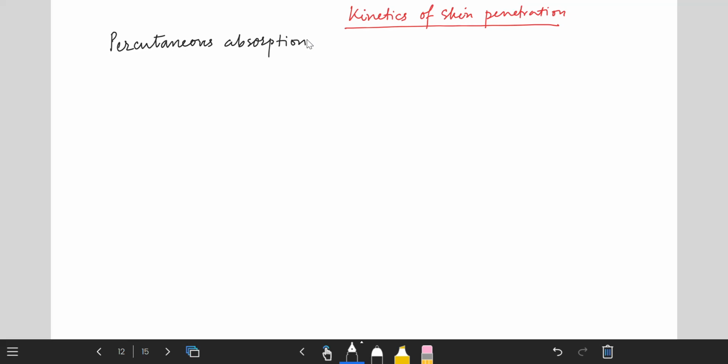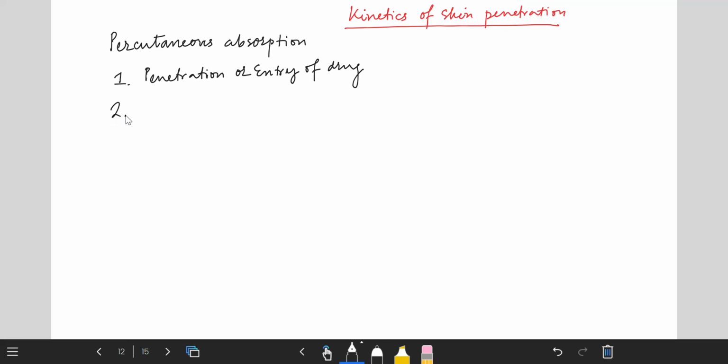Now, how does it occur? It actually occurs through the following steps. In the first step, penetration process occurs, or entry of drug. So, the entry of drug into the stratum corneum layer or the particular layer which we are using. Okay.